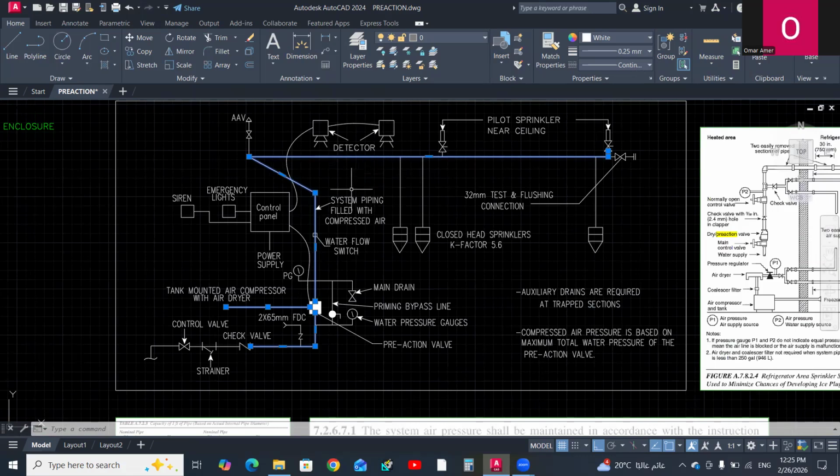And in addition, the piping system will fail if ice is formed inside pipes, and it shall be heated.